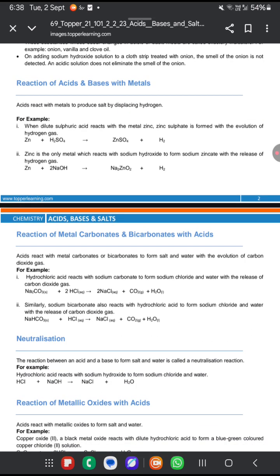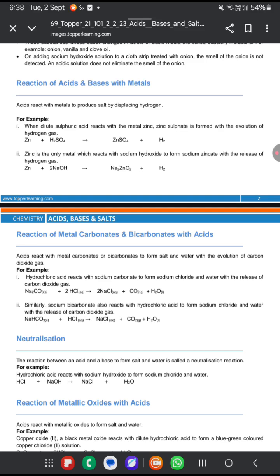Reaction of metal carbonates and bicarbonates with acids. Acid reacts with metal carbonates or bicarbonates to form salt and water with the evolution of carbon dioxide gas.